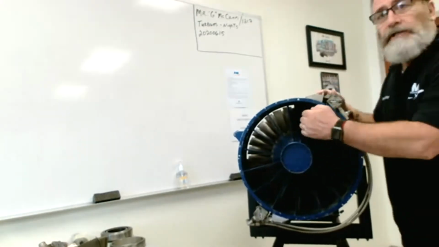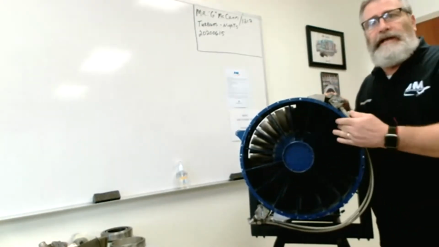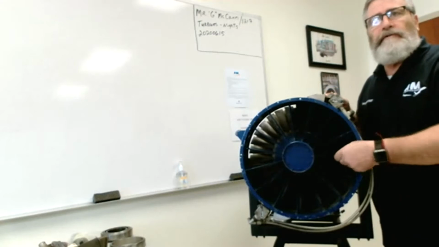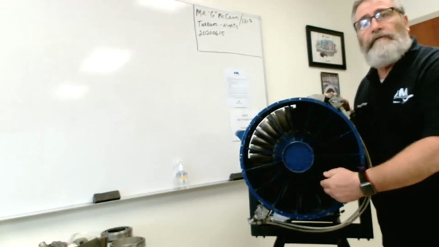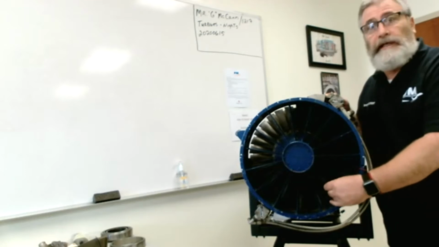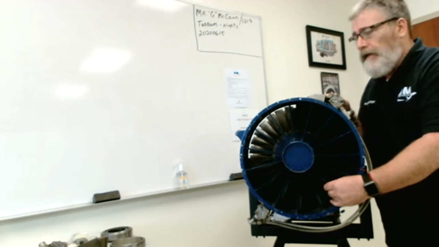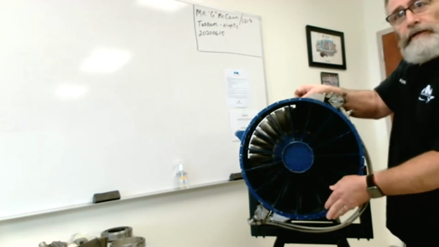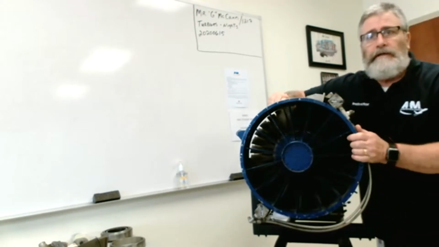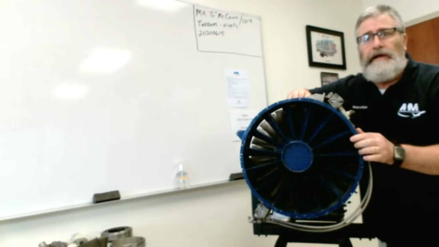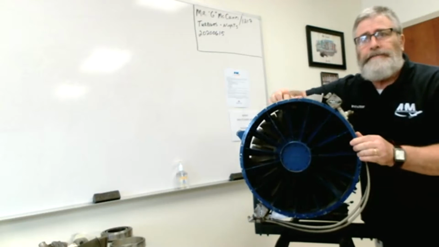Most engines have what they call inlet guide vanes. These are vanes that are in front of the first stage of compression, and if they are fixed, they are simply referred to as inlet guide vanes. If they are variable, which I'm not sure if you can see this, see how they kind of move in and out?